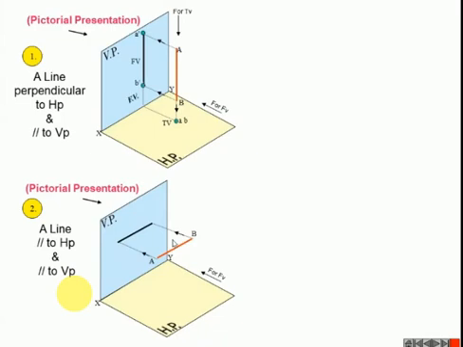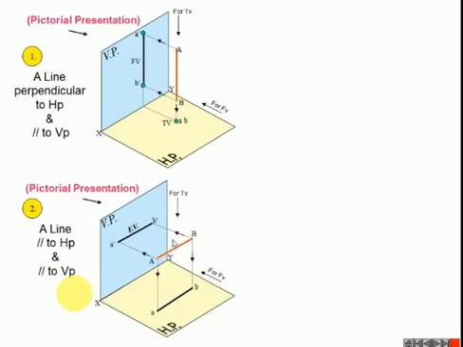The black line represents the front view, represented by lowercase a dash and b dash. Similarly, the top view is also a true length line, represented by lowercase ab. In this manner, we can simply draw the projections of a line in simple position.